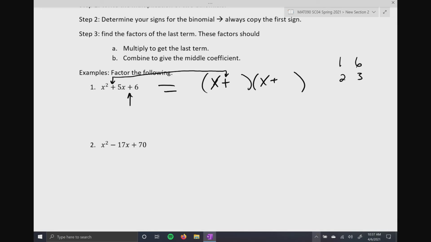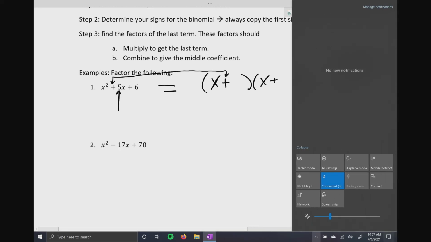Now, if you look at step 3, find the factors of the last term. These factors should multiply to give you 6 and combine to give you the middle coefficient. Our middle coefficient is 5. 1 plus 6, well, that equals 7. So I know that doesn't work. Oops, sorry.